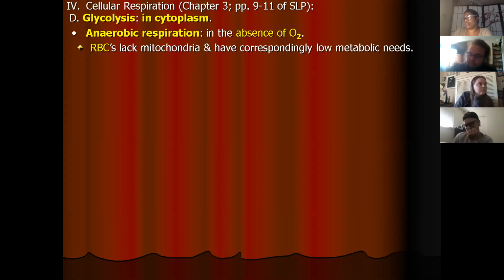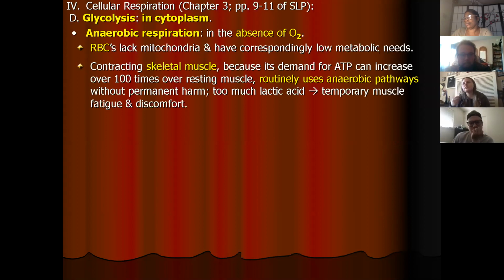So RBCs have low metabolic needs anyway. They even lack mitochondria. And skeletal muscle, we're going to talk about when we get to muscle physiology, but they're a freak. If your regular body cells double the rate of consumption of ATP energy, that cell is working really hard.